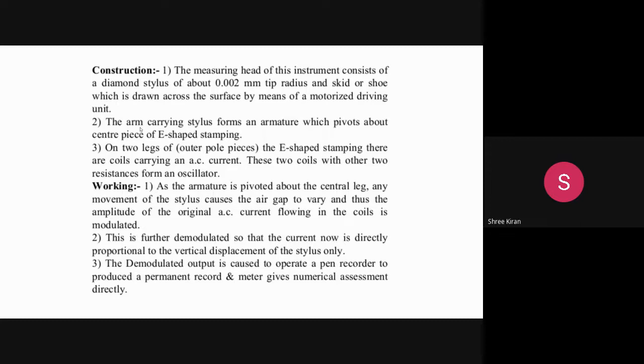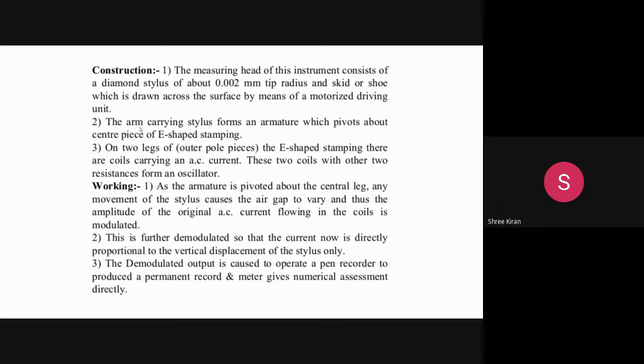Here we have put a skid or a shoe, which is drawn across the surface by means of a motorized driving unit, where the arm carrying the stylus forms an armature which pivots about the center piece of the E-shaped stamping.